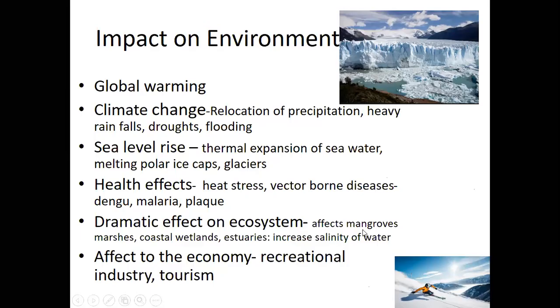Mangroves mean the Kadolana. Due to the sea level rise, the seawater comes inside the countries. Because of that, it affects the mangroves because the salinity is changed and the pH level is increased. Therefore, the mangroves and marshes are affected. Then coastal wetlands are also affected. Estuaries are affected.